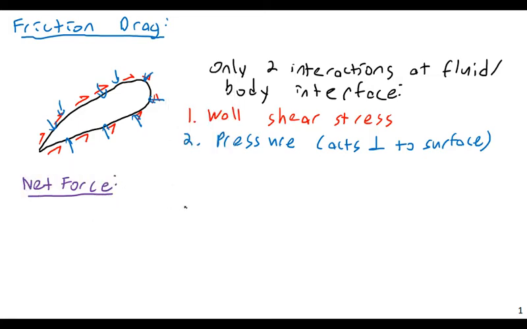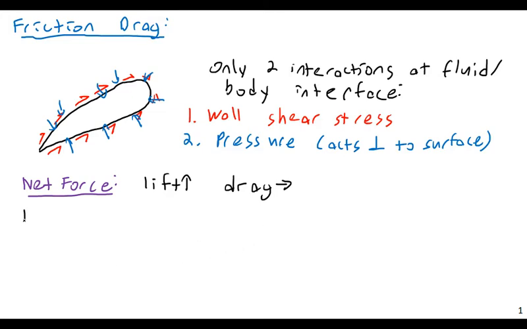So in particular, we'll say that they combine together to produce two things. One, lift, which is an upward force, and two, drag, which is a lateral force. And that would be opposite the direction of motion if the aerofoil was going forward into the fluid.